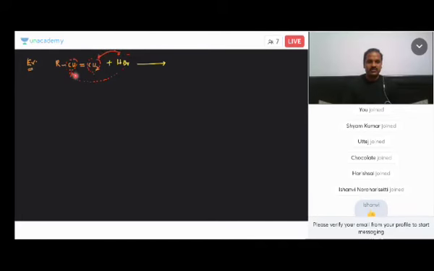Being like this, we can attach like this by breaking the pi bond. The product is, you can write, R CH Br CH3, where hydrogen is attached to the CH2 plus carbon.